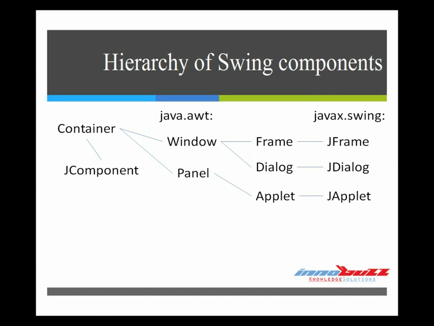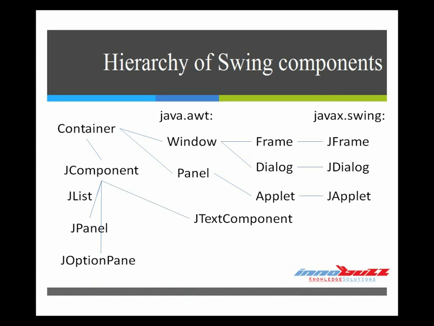The important subclasses are the JList, which displays a list of objects and allows the user to select one or more items. The JLabel displays an area for a short text string or an image or both. JOptionPane is for pop-up dialog boxes.